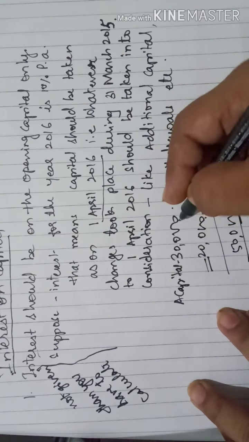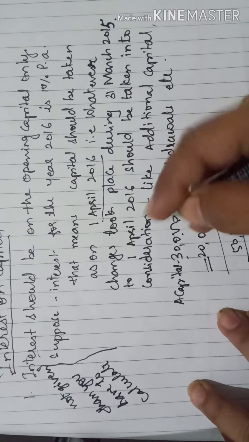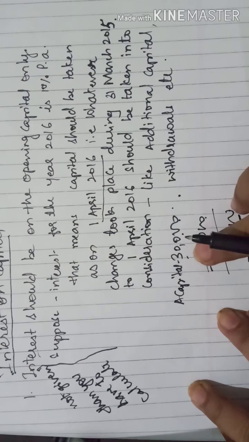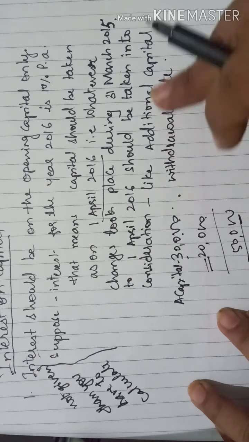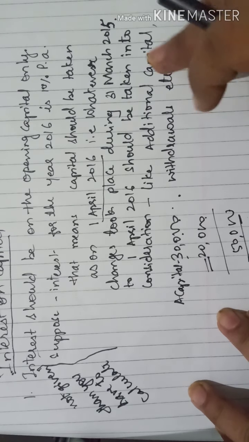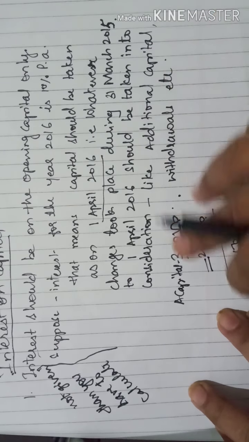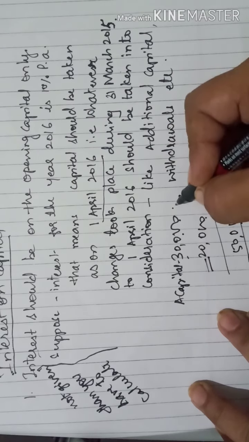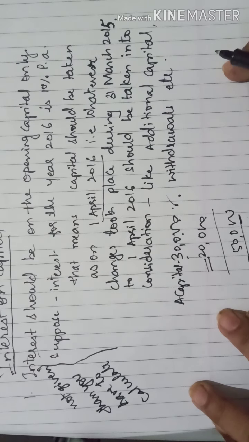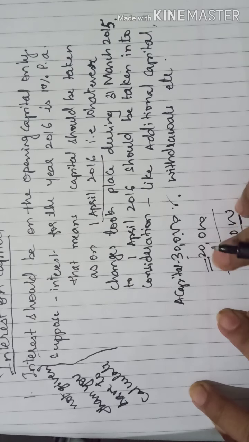Suppose the capital which he has is 30,000 from 1st April 2015 to 31st May 2015. So first we will charge interest on 30,000. Then this 20,000 was added on 1st June.